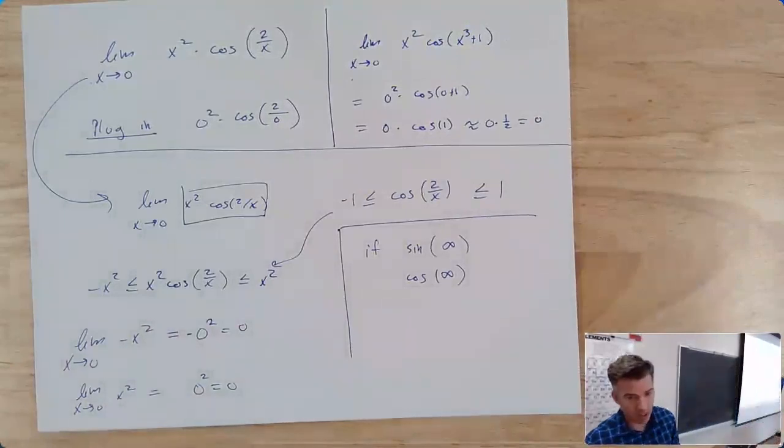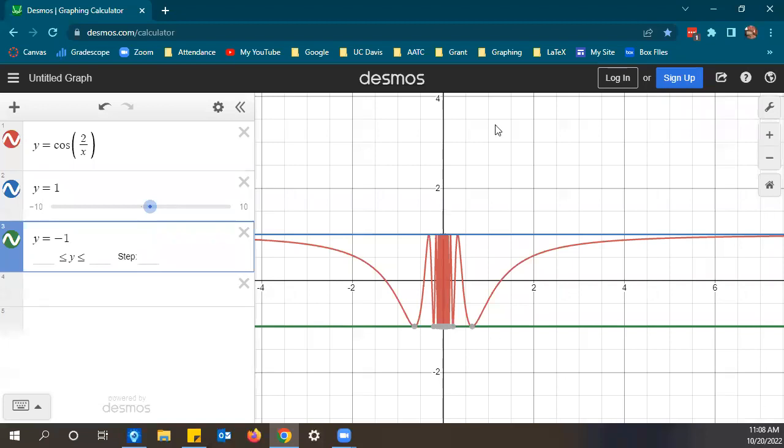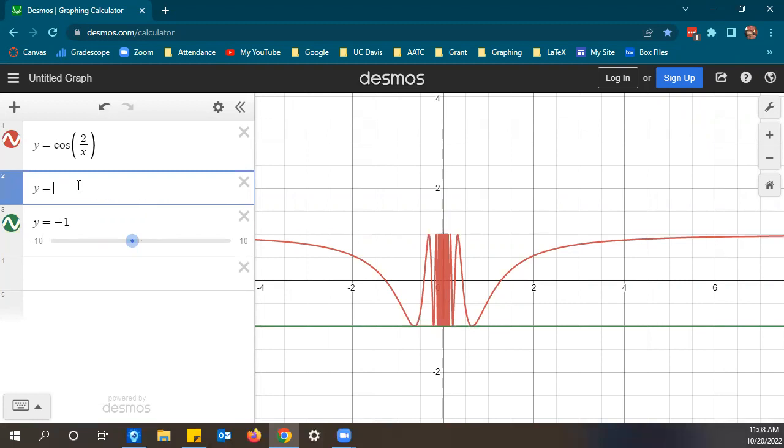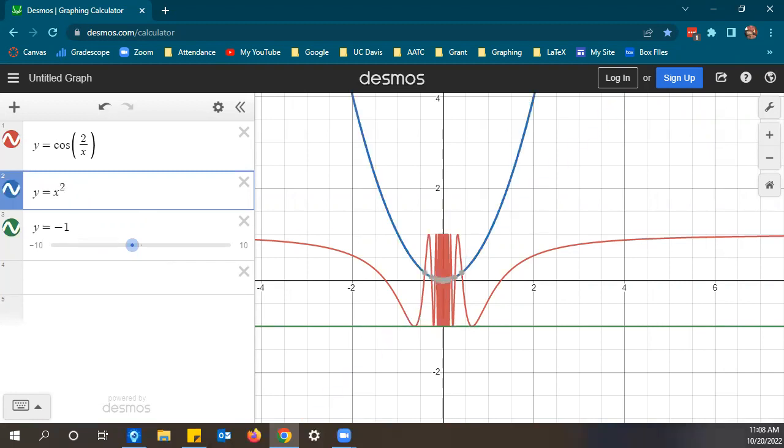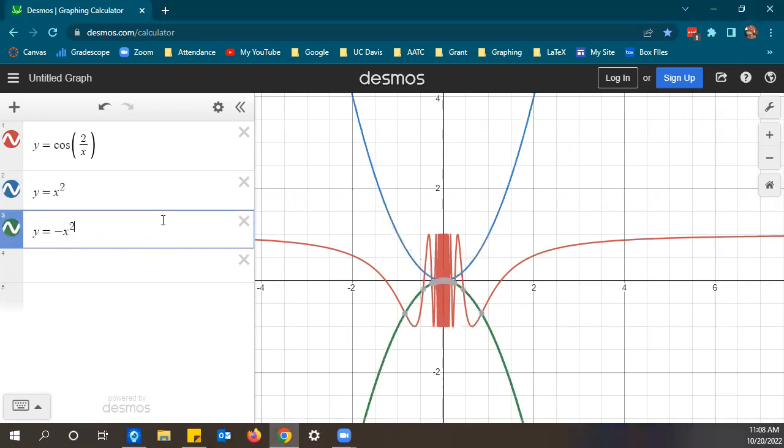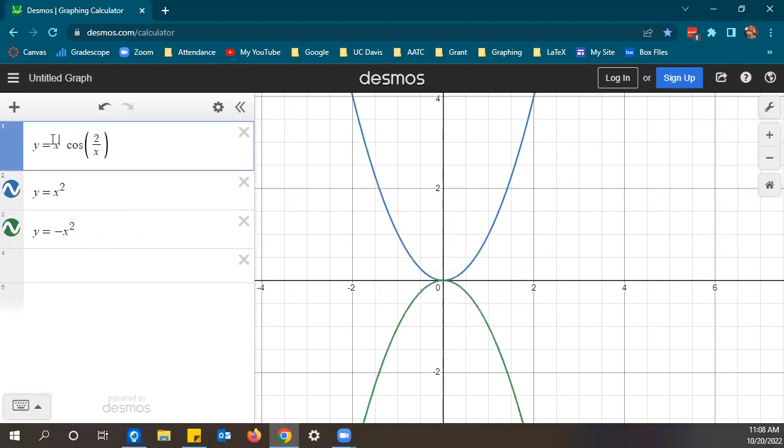But here, what's kind of cool is that we're taking our function and we're multiplying by x squared, and check it out. It's totally between these other two functions all the time.